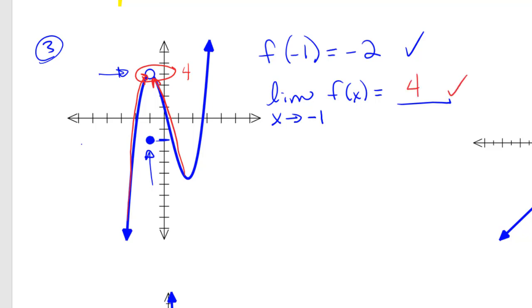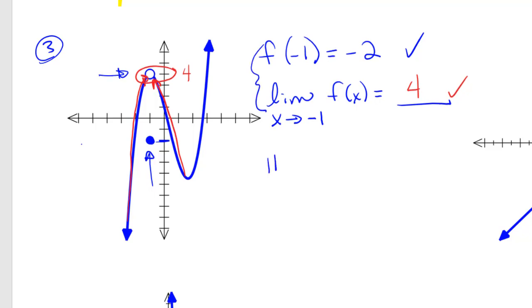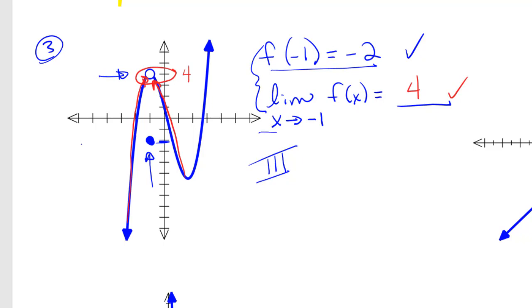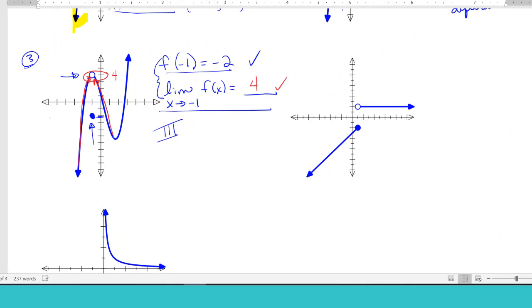So condition 2 is met. But what about condition 3? Condition 3 says those have to be the same, and they are not. So we would say condition 3 has been violated because where the function is defined is not the same as the limit of that function at that given value.